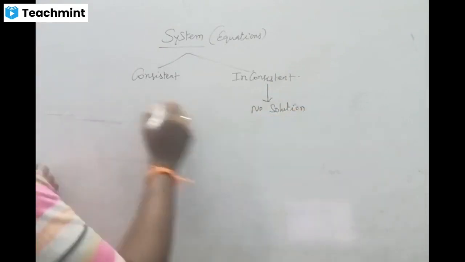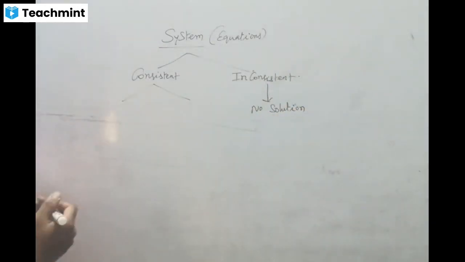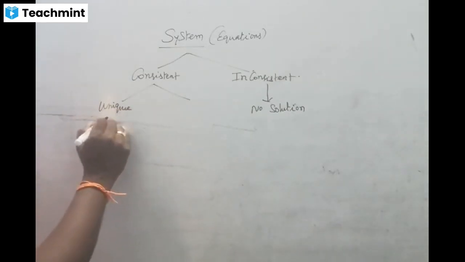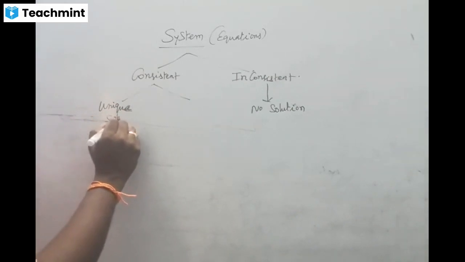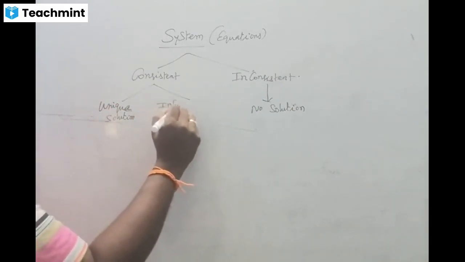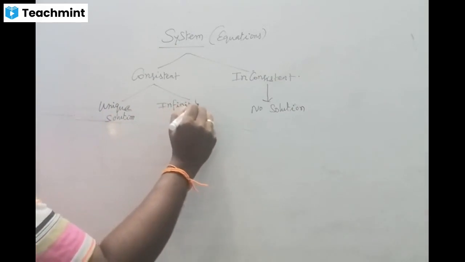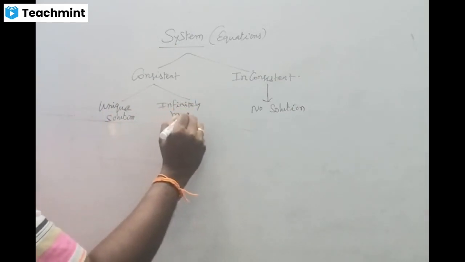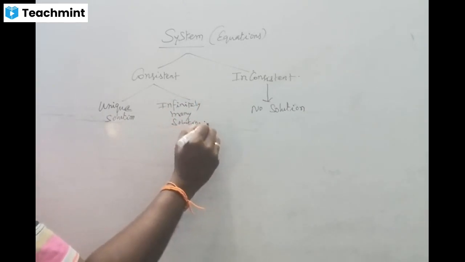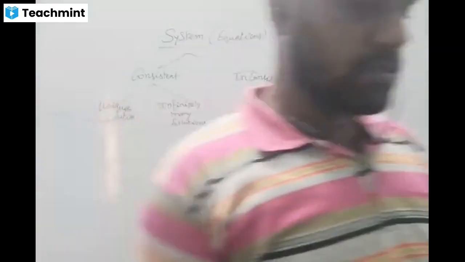If it is consistent, then it has two types: one is a unique solution, another one is infinitely many solutions, or simply we can say infinite solutions.